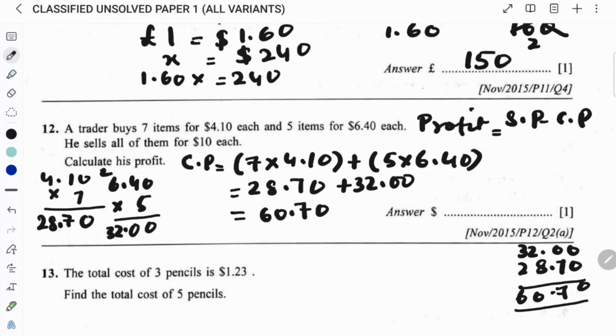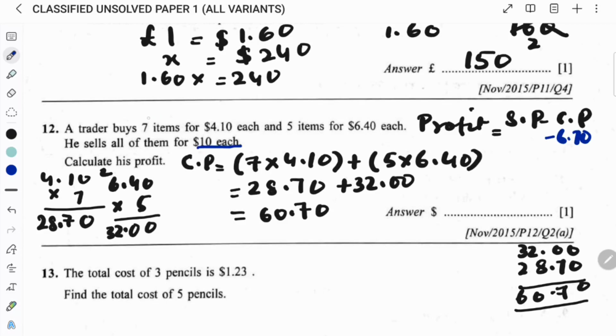Now how much is the profit? The profit will be the selling price minus the cost price. We didn't find the selling price yet. The cost price was 60.70. $10 each.